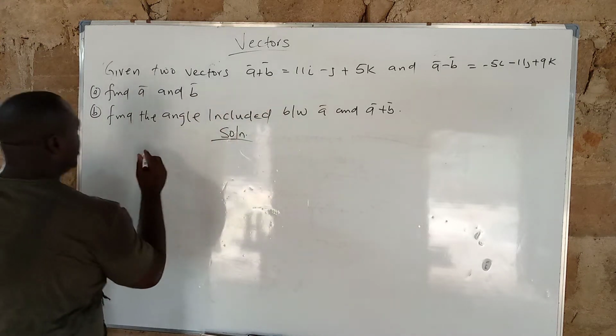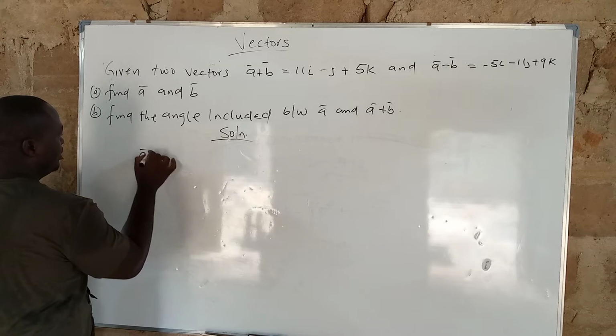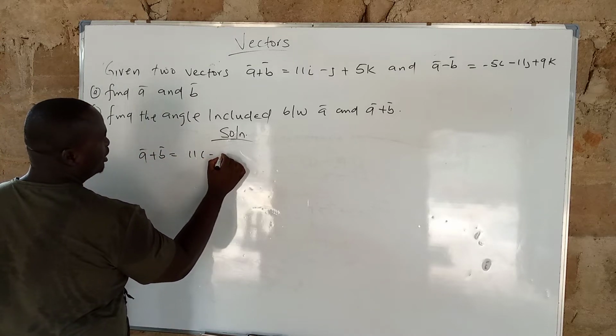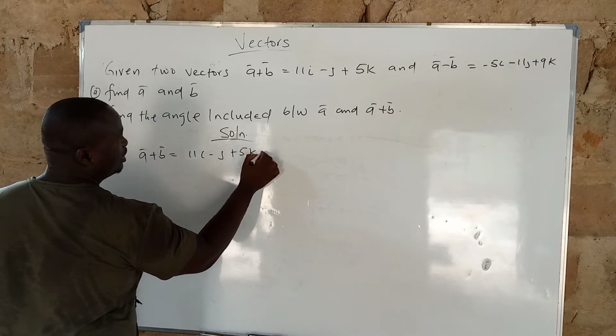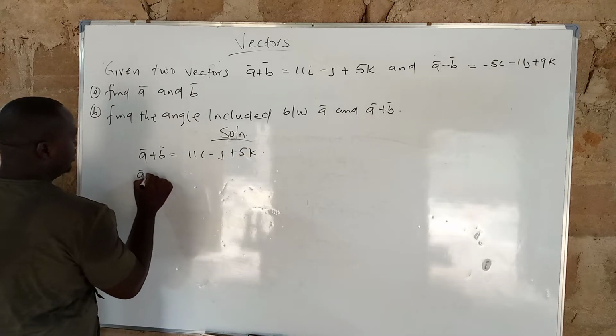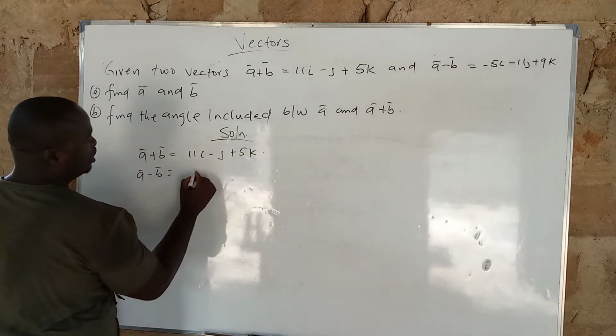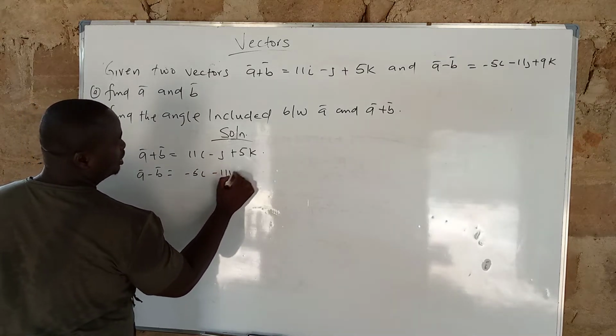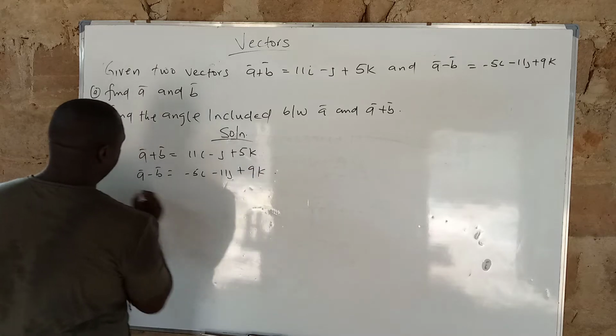Now, let me bring out the question. We have A plus B is equal to 11I minus J plus 5K. And then A minus B is equal to minus 5I minus 11J plus 9K.